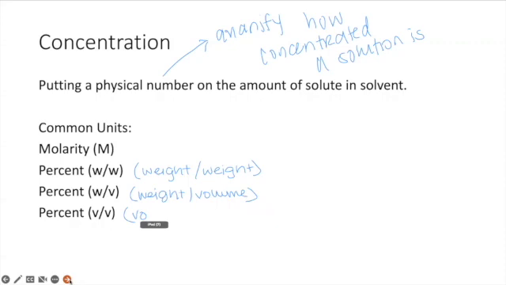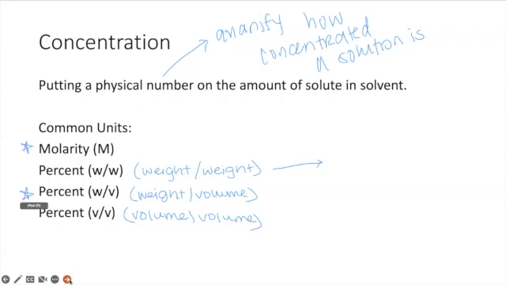Percent volume, commonly abbreviated V/V. Basically, these are all different ways of measuring concentration. I'll tell you the most common two here are molarity and weight volume.